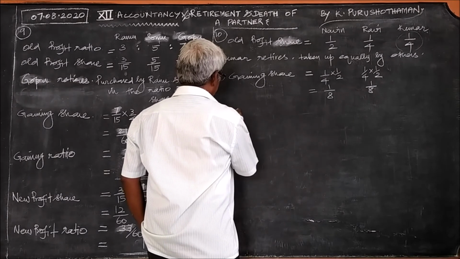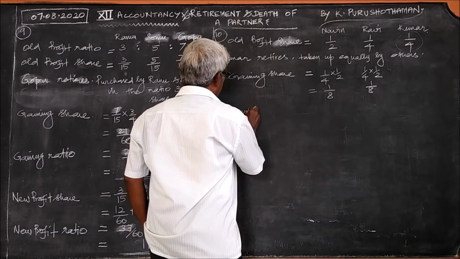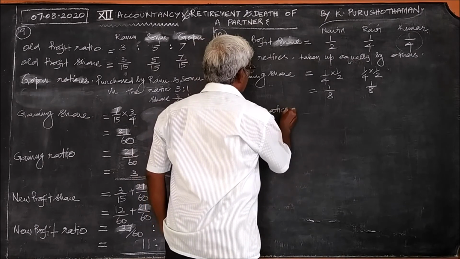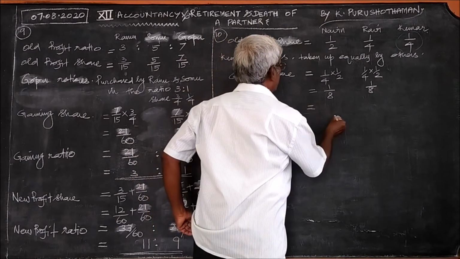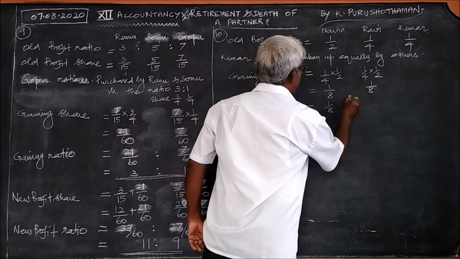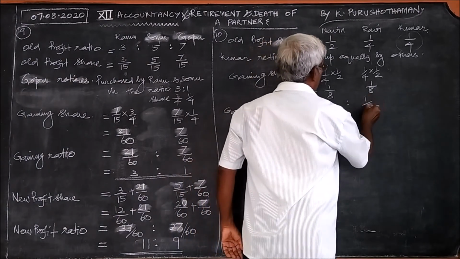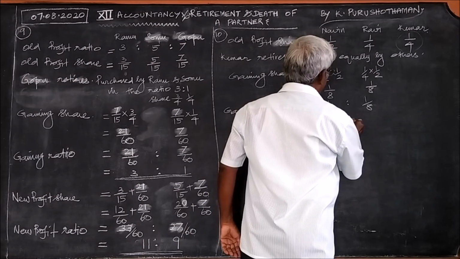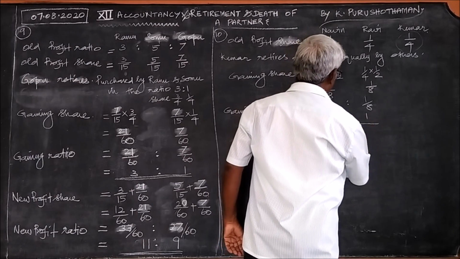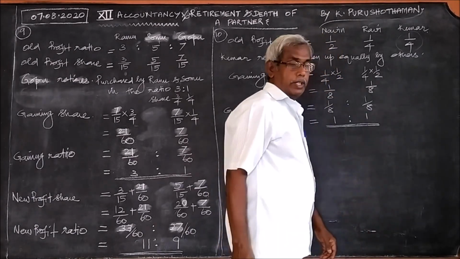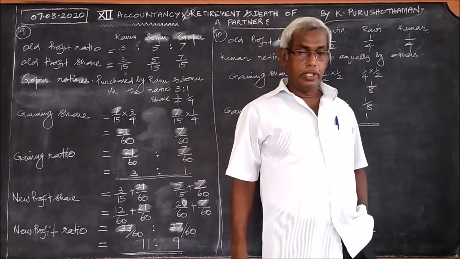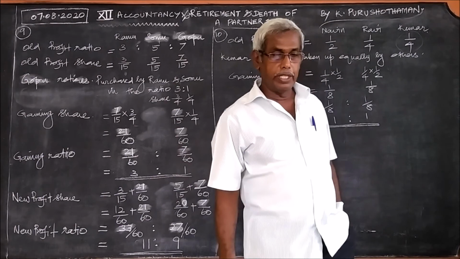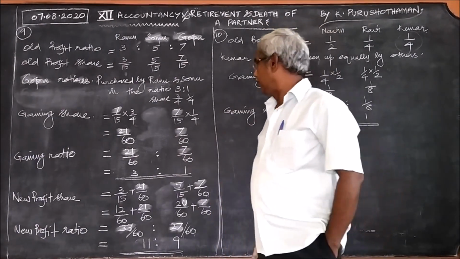Therefore, gaining ratio is equal to 1 by 8 is to 1 by 8, which is equal to 1 is to 1. This is one answer, the gaining ratio. Then the next one is the new ratio we should find.